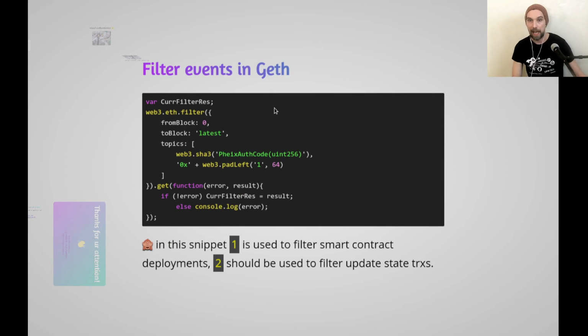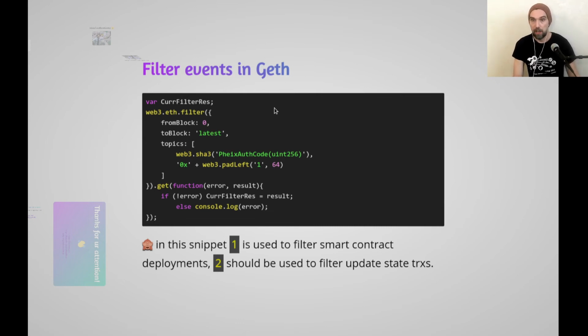The Ethereum node client provides a flexible mechanism to filter events. It's available via JSON RPC for the backend and via the JavaScript console for Ethereum node administrators. Here I will use the JS console. This code snippet is used to get the authenticator smart contract and deployment transactions.